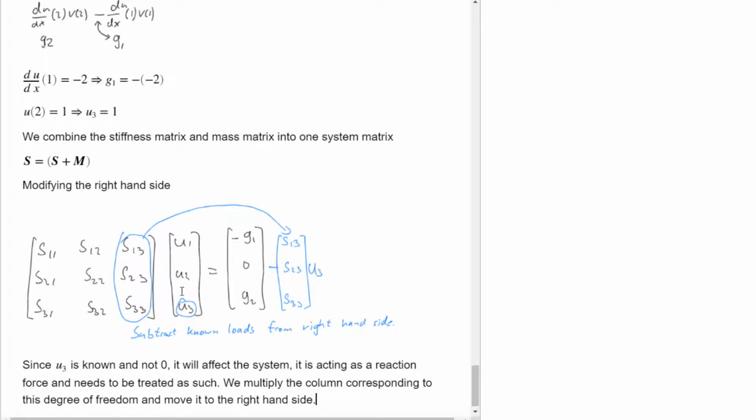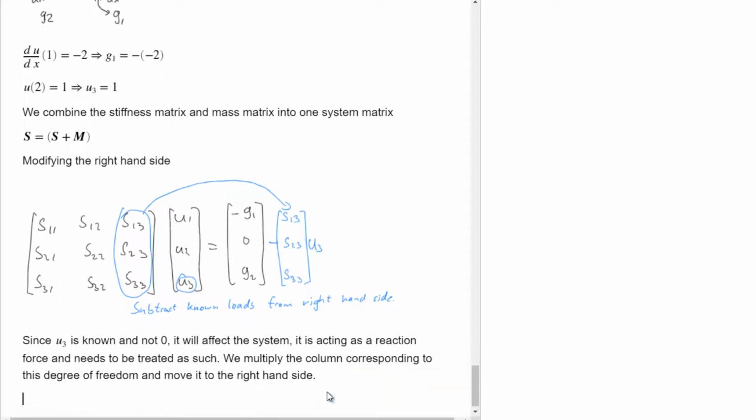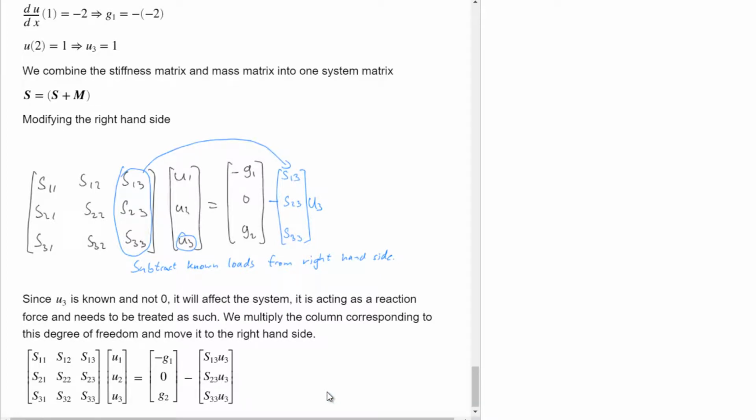If we knew U2, we would be taking this column, and if we knew U1, we would be taking the first column. So the column corresponding to the degree of freedom is going to be moved to the other side.